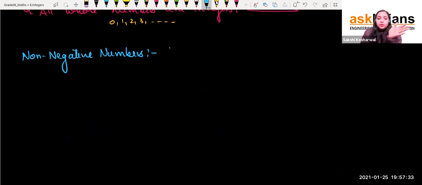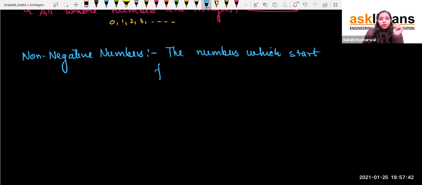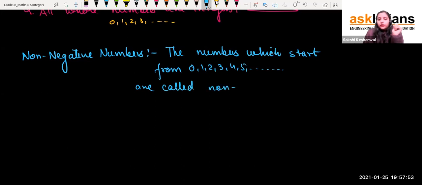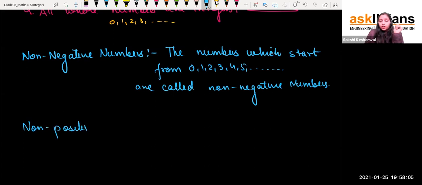The numbers which start from 0, 1, 2, 3, 4, 5, 6, and so on are called non-negative numbers.